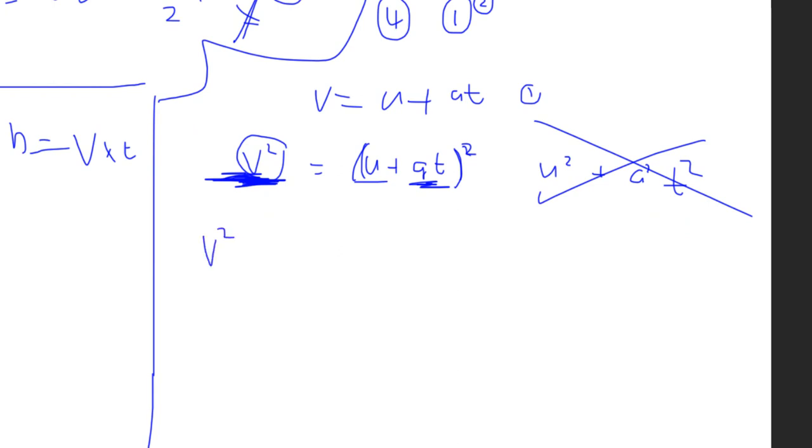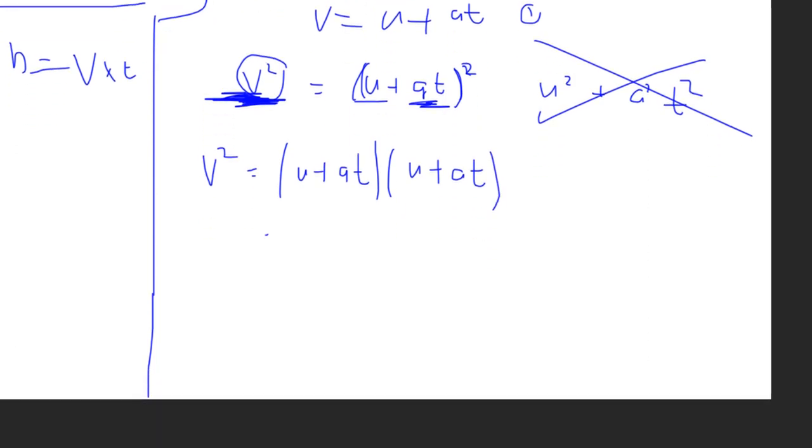So we get v square, and then instead of putting square, because it's u plus at square here, we can put another u plus at. Alright, and then we can open the bracket. This times this, you get u square. This times this, you get u at.